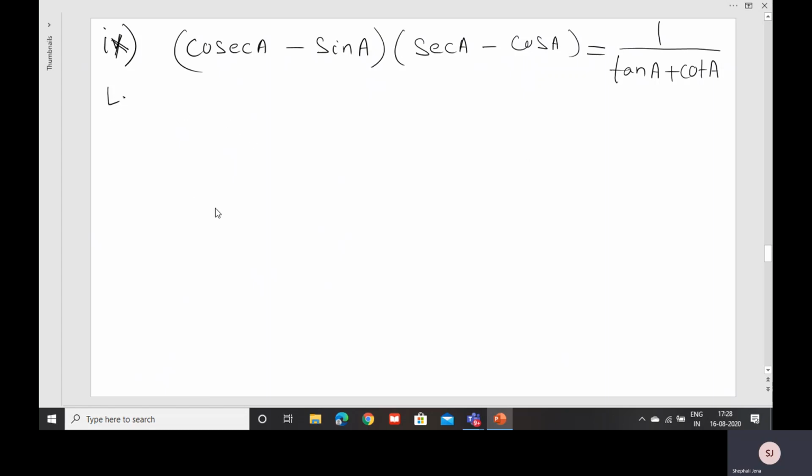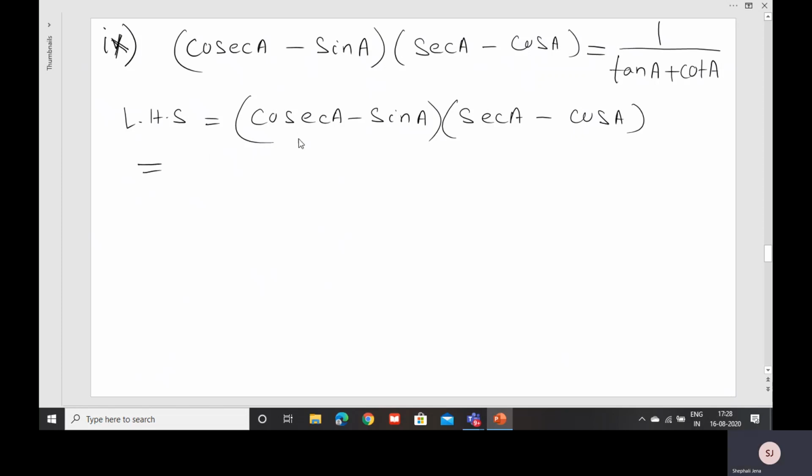So you start from LHS: cosec A minus sin A into sec A minus cos A. We should write the reciprocal of sin A. RHS is 1 by tan A plus cot A. So it should come in sin A and cos A form, so we should start from LHS.